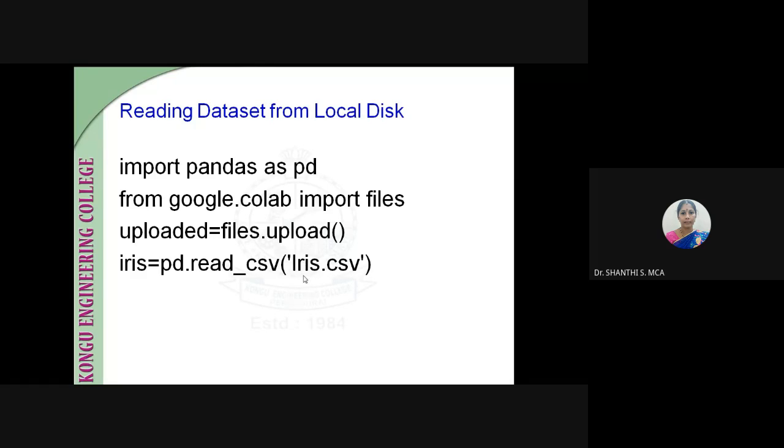In your drive, iris.csv will be available. If you want to read that file, you can make use of this function pd.read_csv. Within parentheses, within single quote or double quote, you have to give the entire path of your file. I will explain how to get the path of the file.